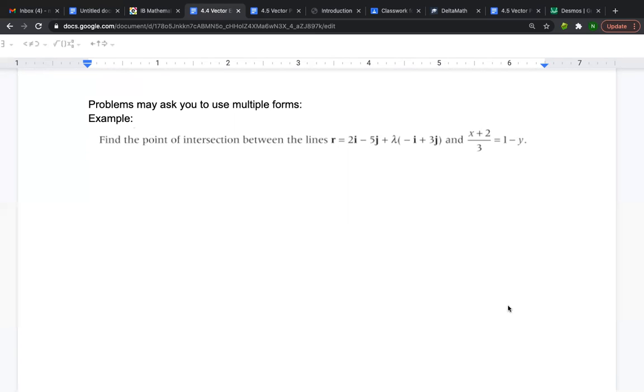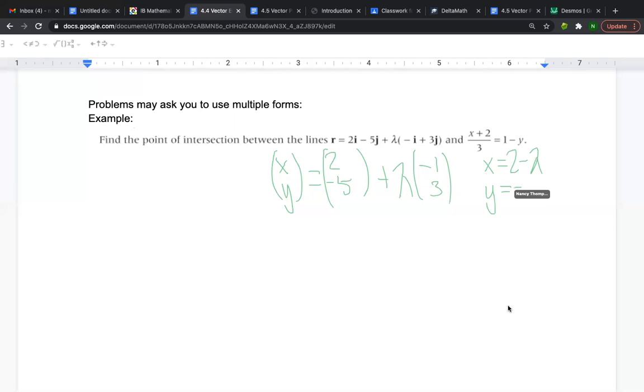So I have (x, y) equals 2, -5 plus lambda, -1, 3. And then I can condense that even further to say that x equals 2 minus lambda and y equals -5 plus 3 lambda.